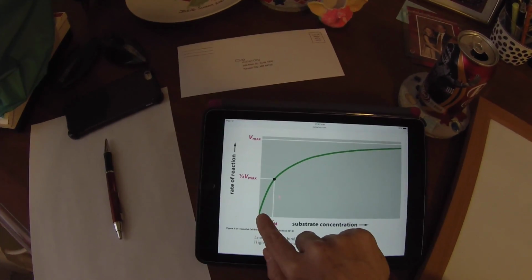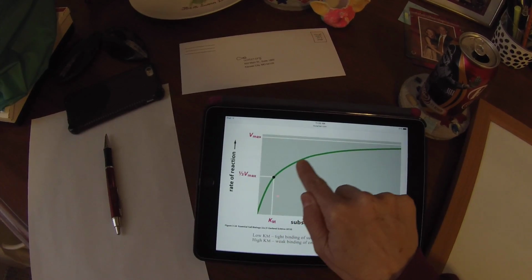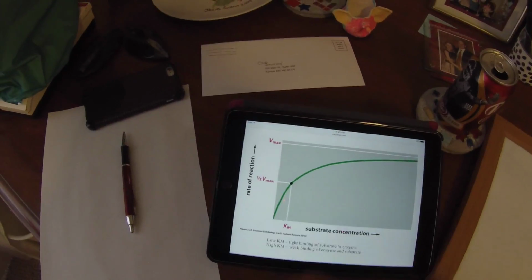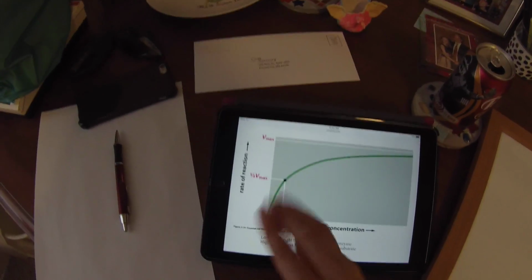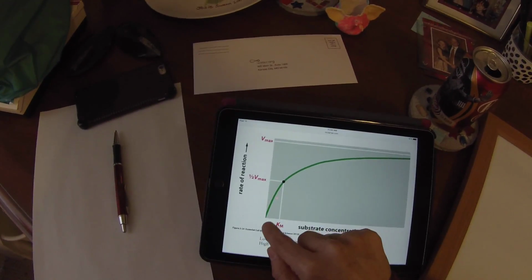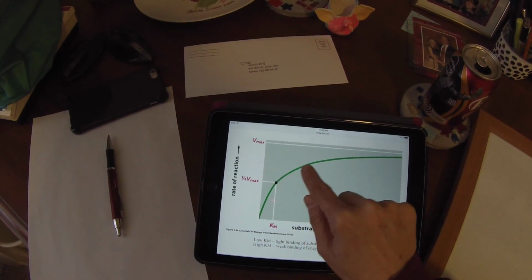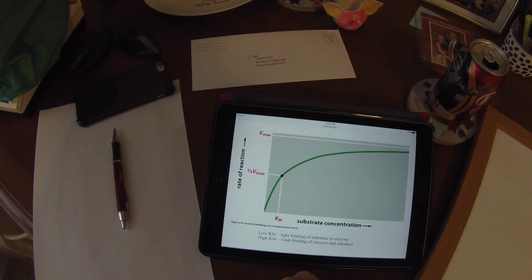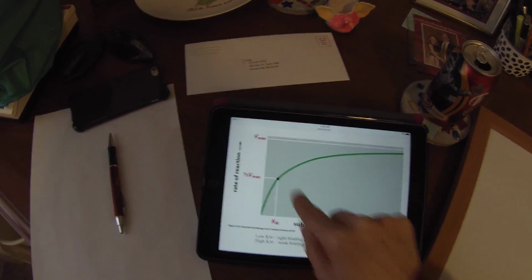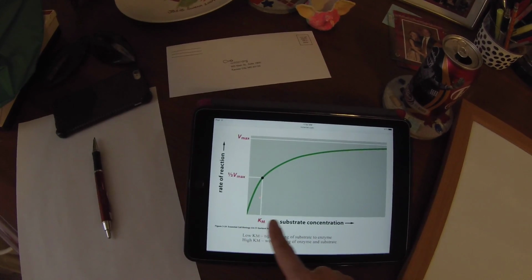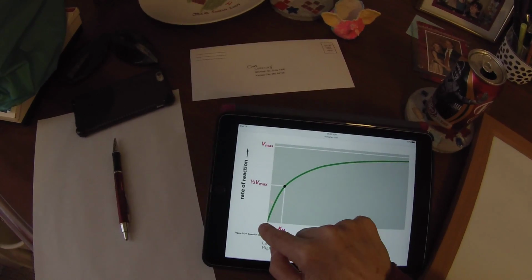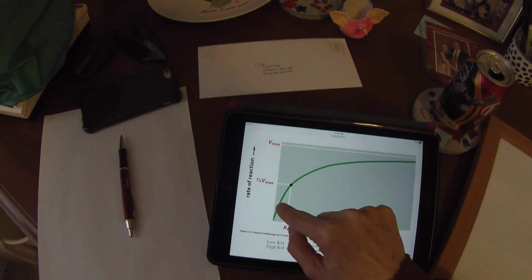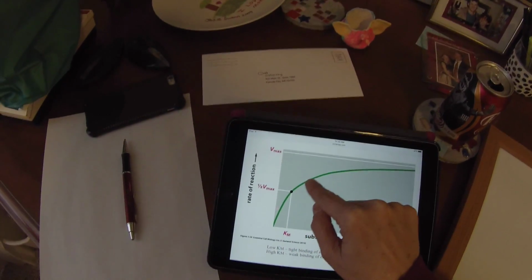So for any reaction, you can calculate the velocity of the reaction, or the rate of the reaction. And what you see for any given quantity of enzyme, as you add more substrate, you increase the pace of the reaction. As we increase the amount of substrate available for a given quantity of enzyme, we get increased velocity of the reaction up to a point.